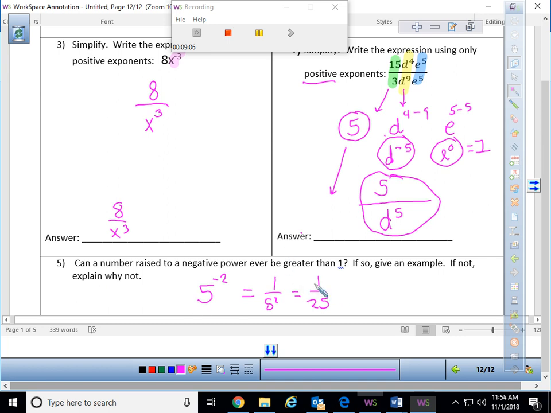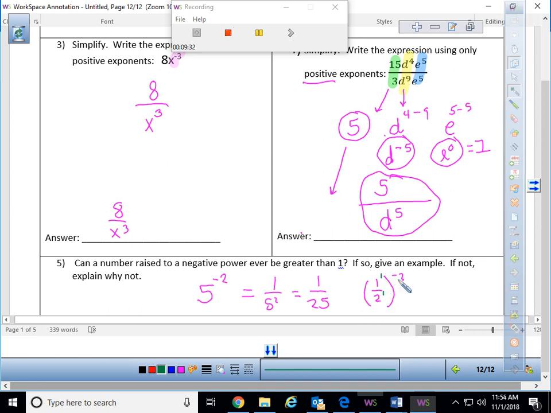But let's see an example like this. What if we have 1/2 raised to the -2 power? Now, let's see what happens when we do that. Well, what I would see here is I would see an exponent of 1 and 1 here, and I'm raising powers to powers.